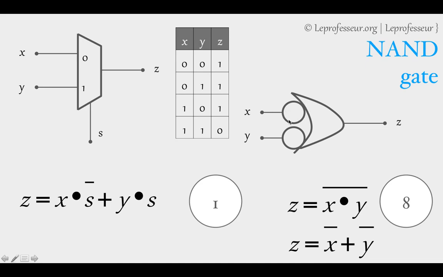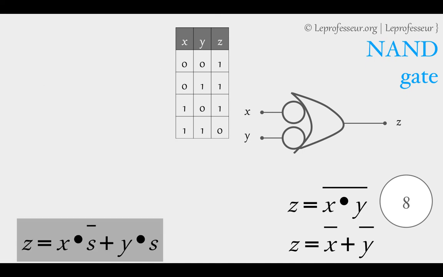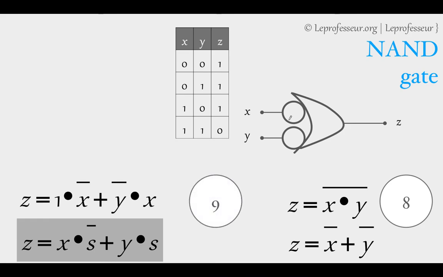Now we can make use of this simple trick to come up with the equation in the form of a multiplexer for this NAND logic gate. We connect the select input S with X, and whatever is coming on Y, we invert it.